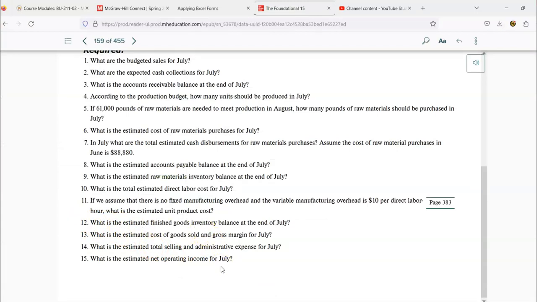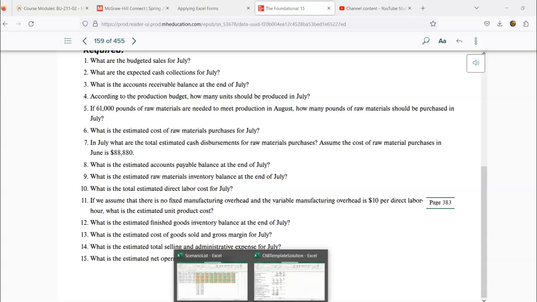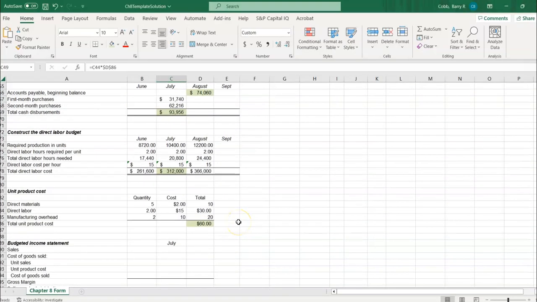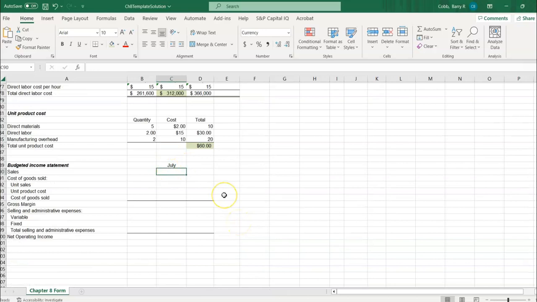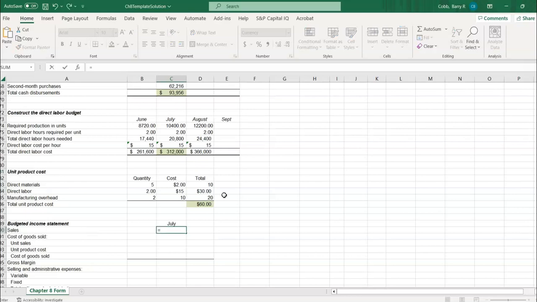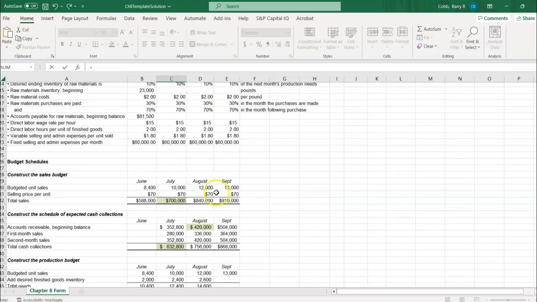All right, so the last three questions can be answered by creating a budgeted income statement. And so we'll just simply do that for July. We already had sales of July, budgeted up in the sales budget at $700,000.